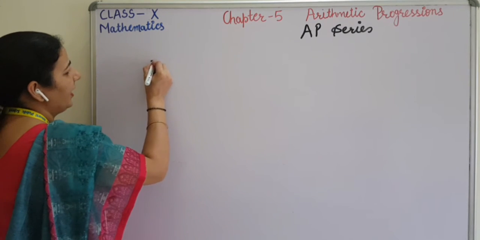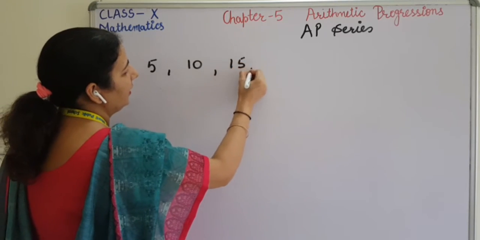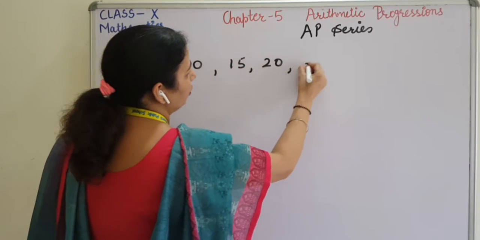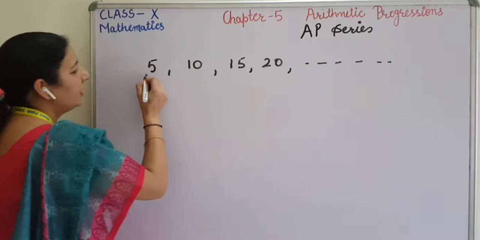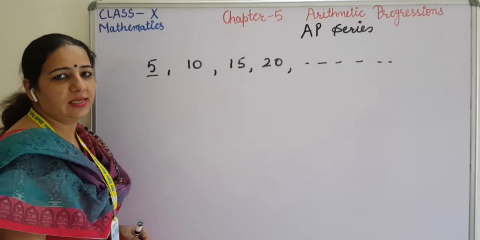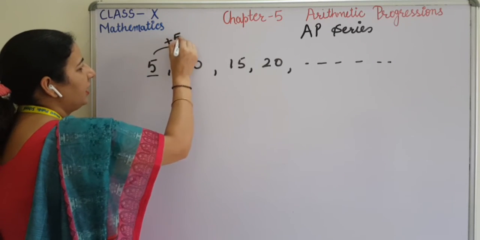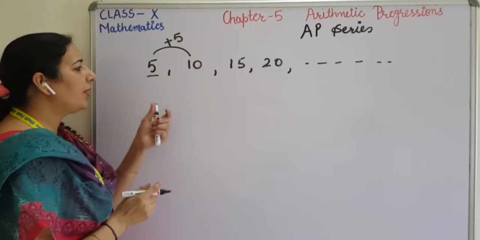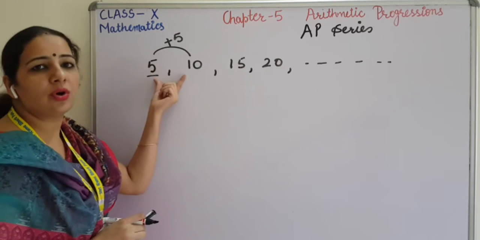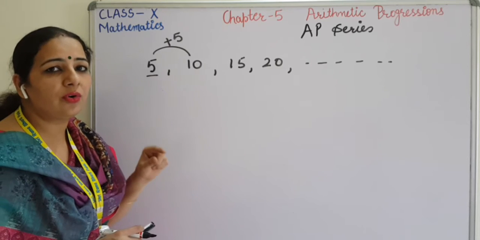If I write here 5, then 10, then 15, then 20 and so on, this 5 is known as the first term. And what is the difference between two consecutive terms? It is 5. How will you calculate the difference between two consecutive terms? Bigger number minus smaller number will not work here.